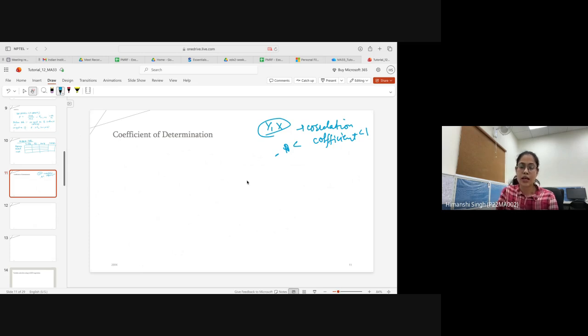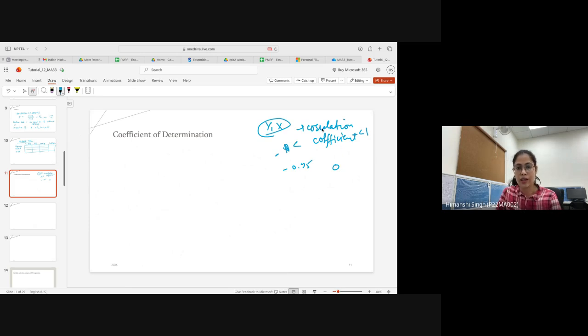However, if it is on the negative side, like minus 0.95, then the relationship is also very strong, but if we increase x, then y will decrease. If the coefficient is 0, then we can say that they are not linearly related.